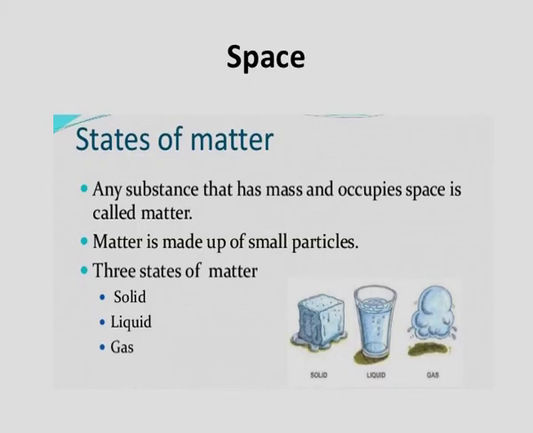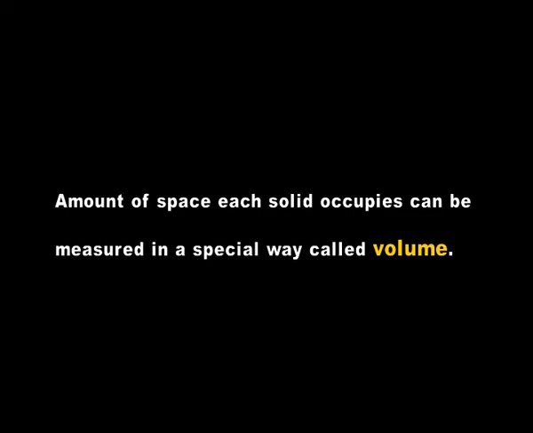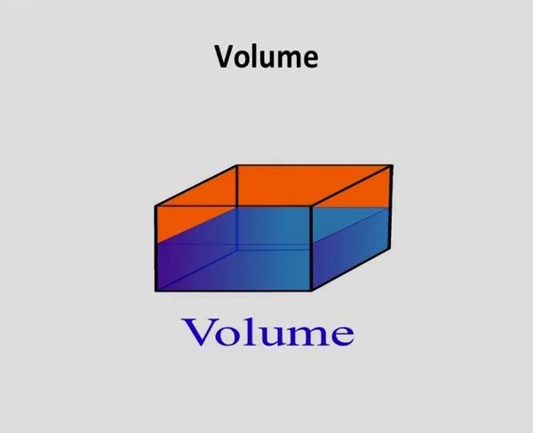Bigger objects occupy more space and smaller objects occupy less space. So, we can say that every solid occupies a certain amount of space. The amount of space each solid occupies can be measured in a special way, that is called volume. To understand this, let us perform an experiment.